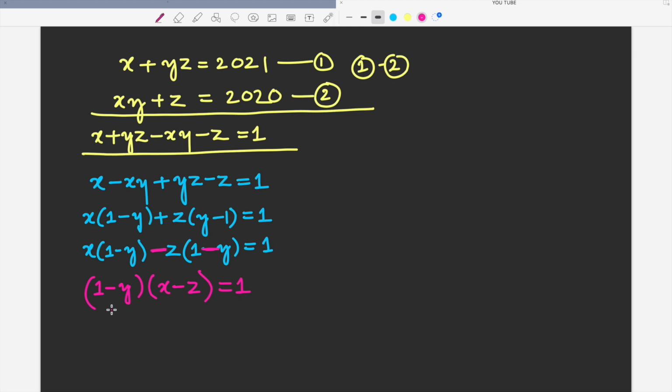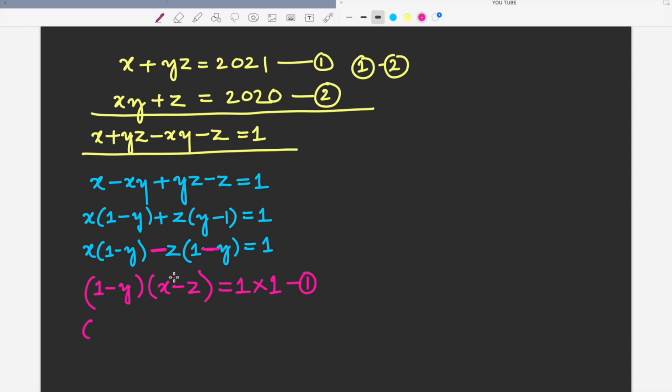What is the meaning of this equation? The meaning is that 1 minus y and x minus z multiply to 1. That means 1 multiplied by itself is also 1, right? So this is the first solution I got for this equation.